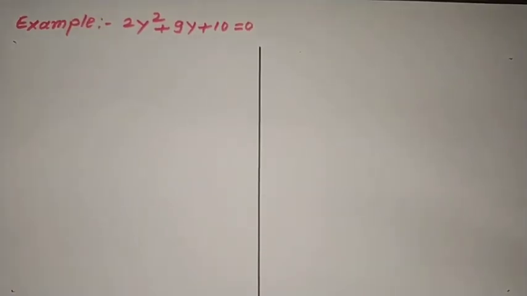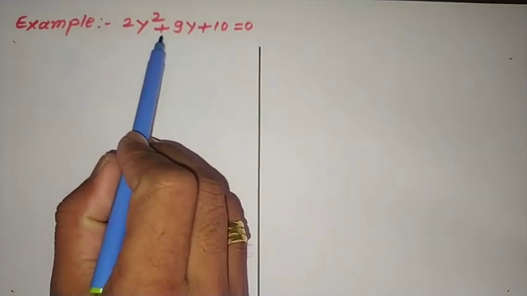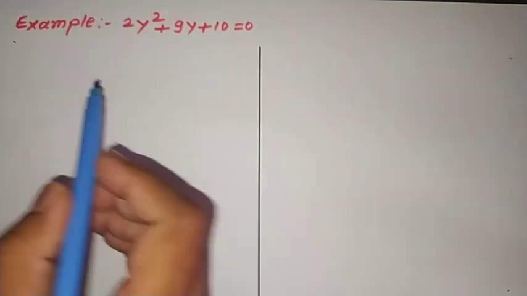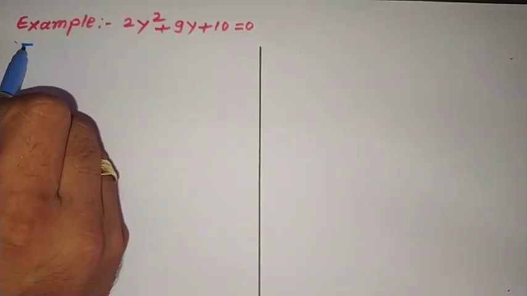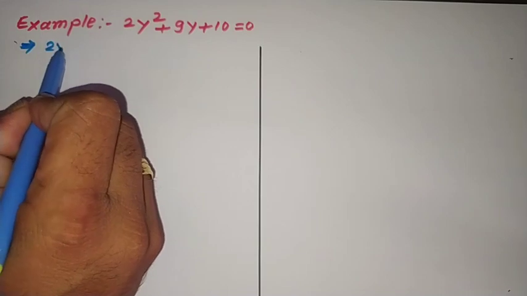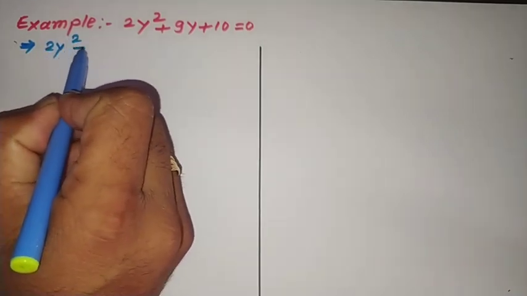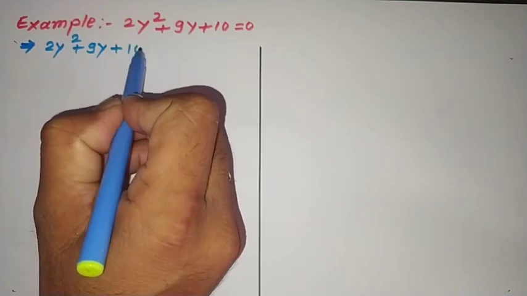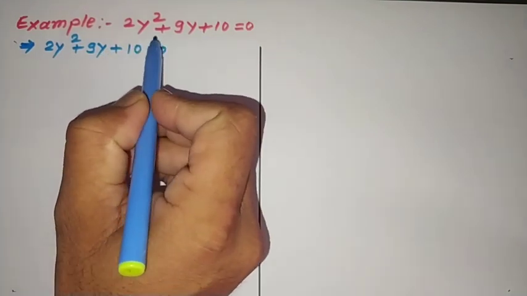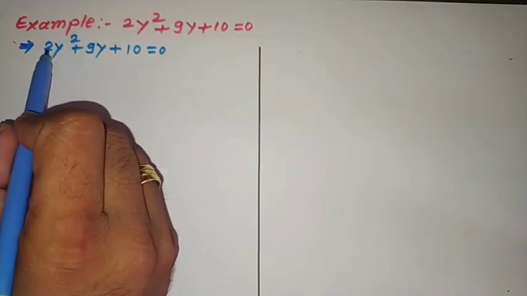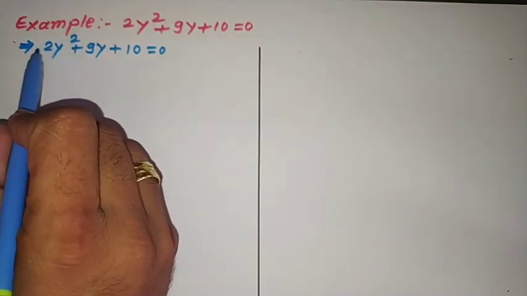Next example, 2y square plus 9y plus 10 is equal to 0. Write down this equation in the standard form of a quadratic equation. The coefficient of y square is equal to 2.